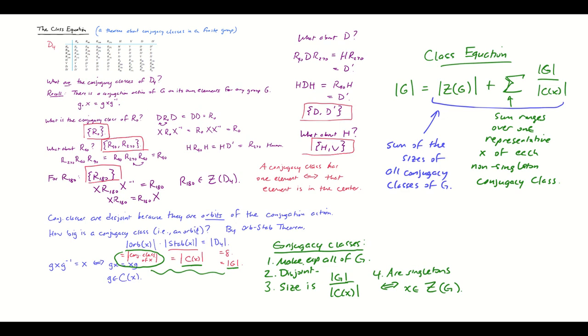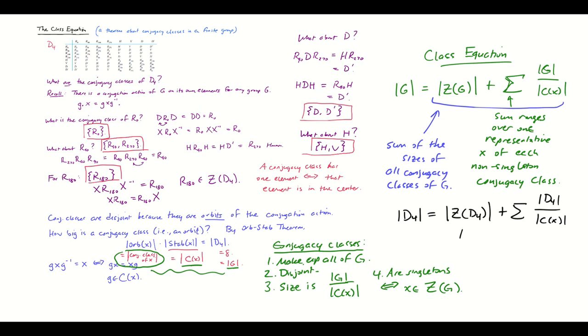And to wrap up, let's say what this looks like in the case of D4. That's a nice little closure there. So in particular, the size of D4 equals the size of the center of D4, which, interestingly, was not 1, it was 2, plus the sum of the order of D4 over the centralizer of X, where the X's range over one representative of each non-central conjugacy class.